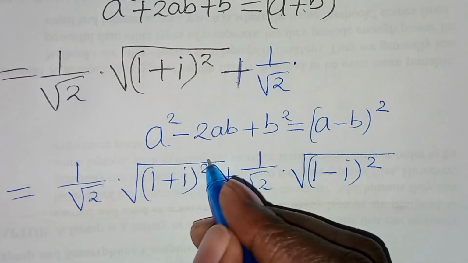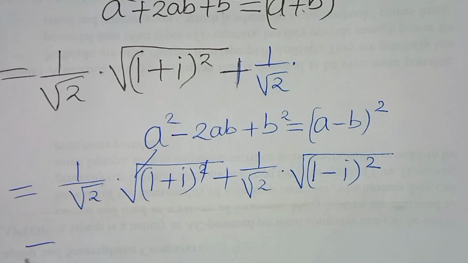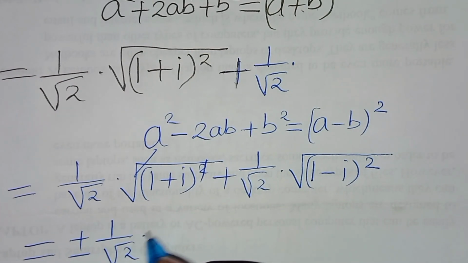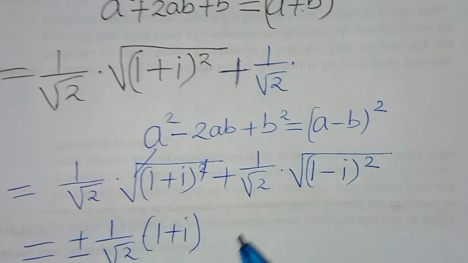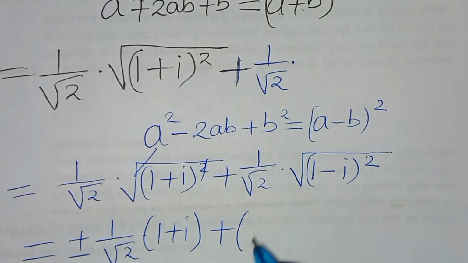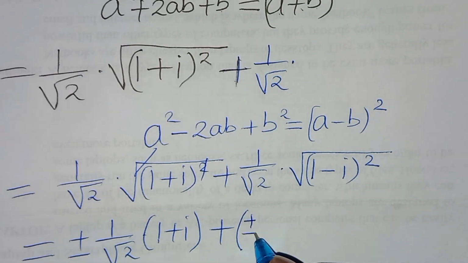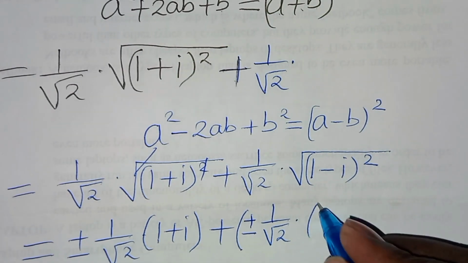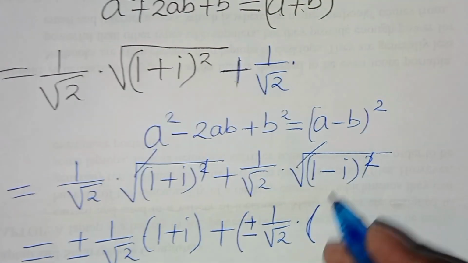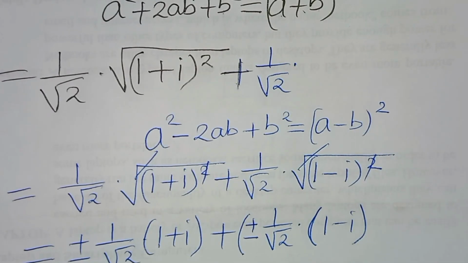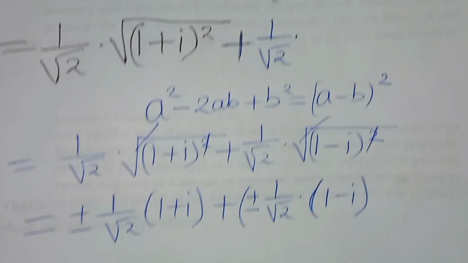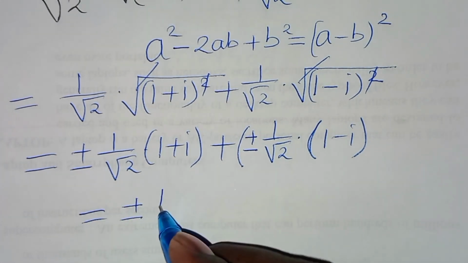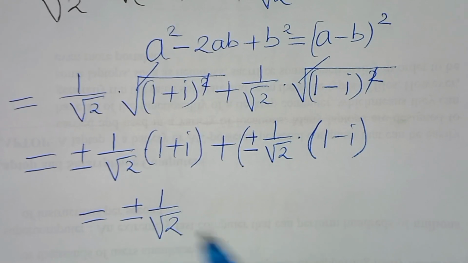So let's simplify here. We eliminate the square root sign so that here we'll have plus or minus 1 over square root of 2 multiplied by 1 plus i, plus plus or minus 1 over square root of 2 multiplied by, now we eliminate the square root sign, this is 1 minus i. But since 1 over square root of 2 is common here, we can factor out plus or minus 1 over square root of 2.